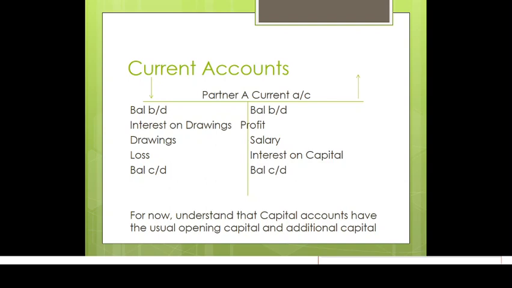Okay, so for every partner in a partnership, we'll have two types of accounts. They will have a current account and they will have a capital account as well. Okay, very important to understand that every partner in a partnership will have a capital account and they will have a current account. The capital is fixed, it will not change.